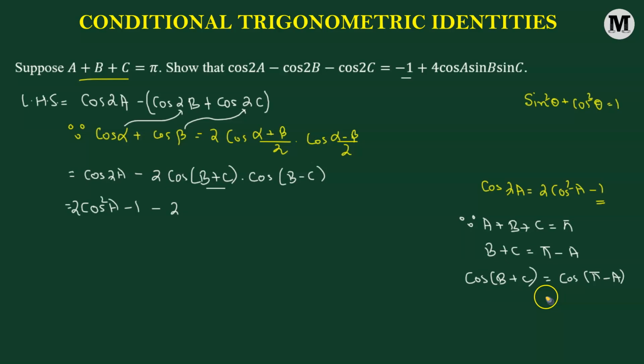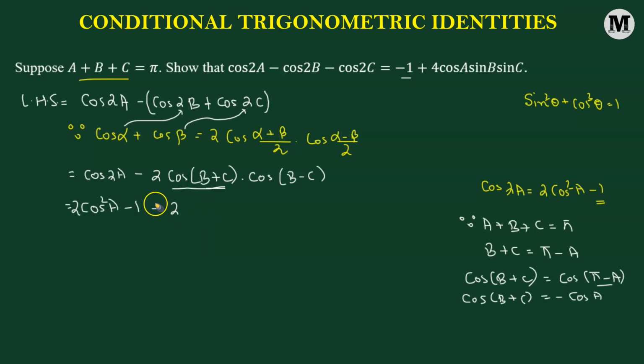Now what is cosine of pi minus a? That's simply negative cosine of a, and we're getting a negative sign here because pi minus a means we are in the second quadrant where the cosine function is negative. So in other words, we have shown that cosine of b plus c is the same as negative cosine of a. So here, in place of this cosine of b plus c, we're going to replace it with negative cosine of angle a.